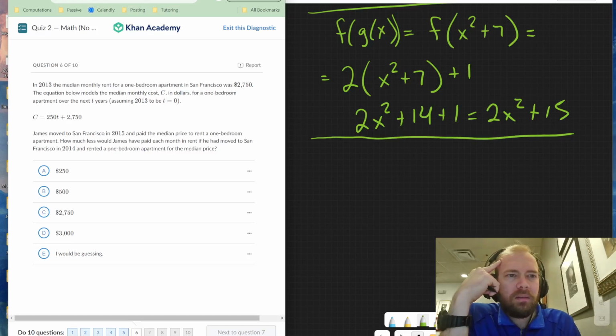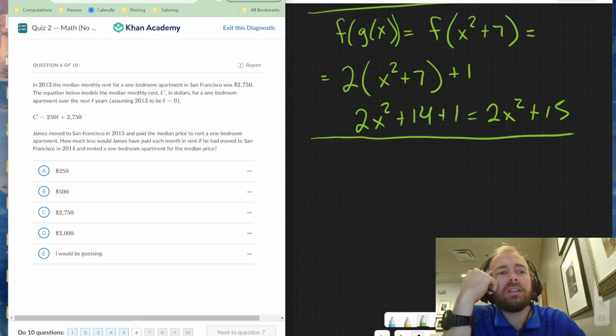In 2013, the median monthly rent for a one-bedroom apartment in San Francisco was $2,750. Okay. In 2013, monthly rent was that much. The equation below models the median monthly cost for a one-bedroom apartment t years after. James moved to San Francisco in 2015 and paid the median price to rent a one-bedroom apartment.